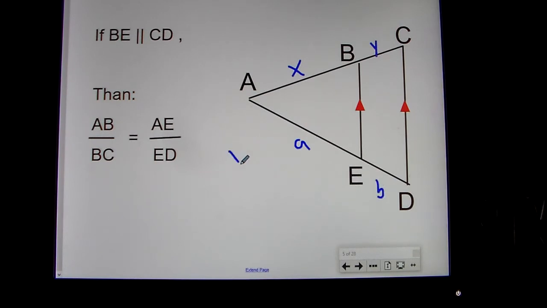So in other words, X over Y is equal to A over B in the picture. If you had to solve for X, it would be AY divided by B. If you had to solve for A, it will be BX divided by Y equals A. So that's what this statement says: the length of line segment AB divided by line segment BC is equal to AE divided by ED.